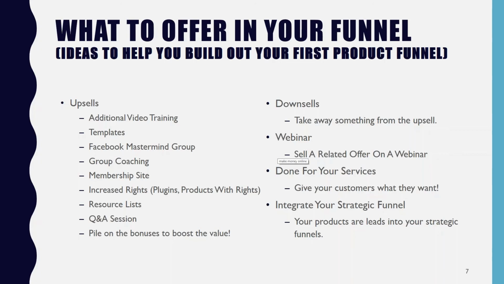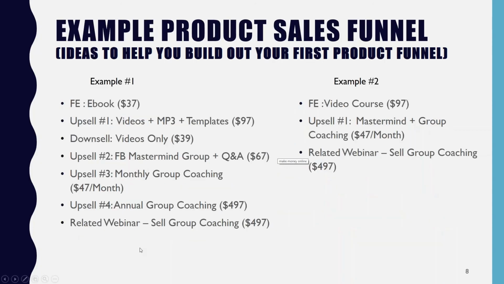You can offer downsells, which means taking something away from the upsell. You can do webinars, and done-for-you services to give your customers more value. Integrate your strategic funnel, so your products lead into it. These are all things you can do.